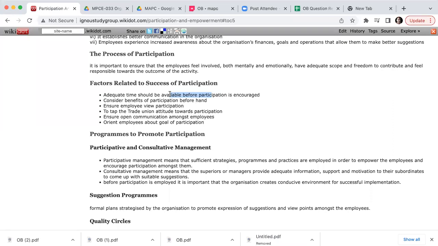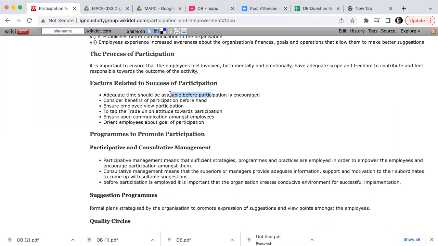It requires time, and you need to be very clear what your participation is going to improve. You need to have those benefits clearly in your mind as a manager: my objective is, am I actually improving their satisfaction or productivity, or what exactly am I looking at?